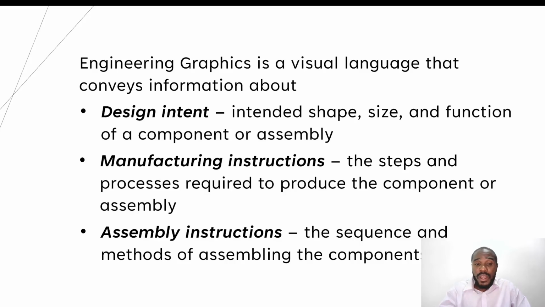But in addition to that, engineering graphics also outlines the steps and processes that are required to produce each of the components, or the product, or the components in a given assembly.